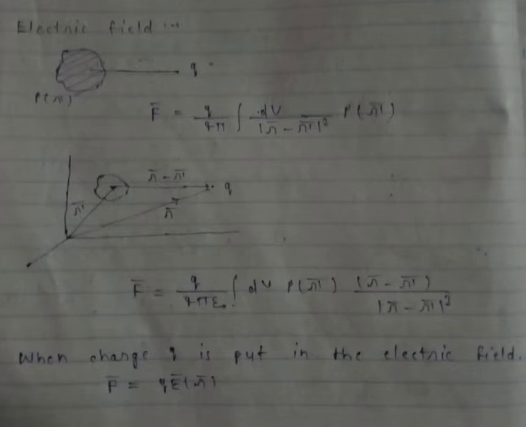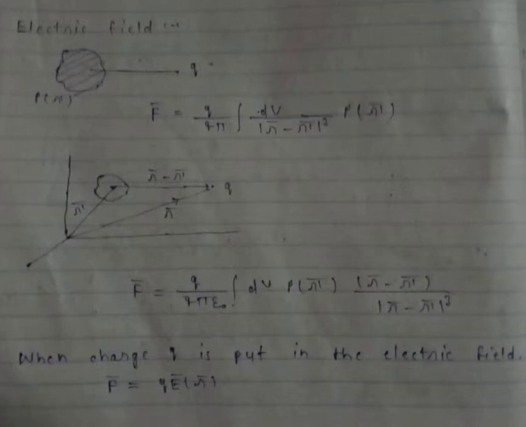So the charge distribution is creating an electric field around itself, and I am going to denote it by E vector at r, so that when a charge q is put in this field, the force on this charge is given as q times E(r).